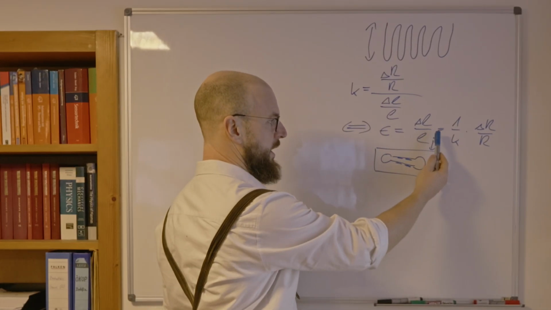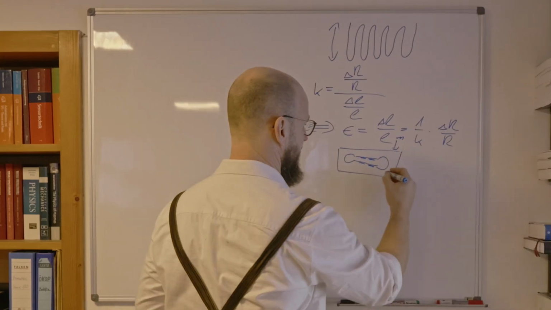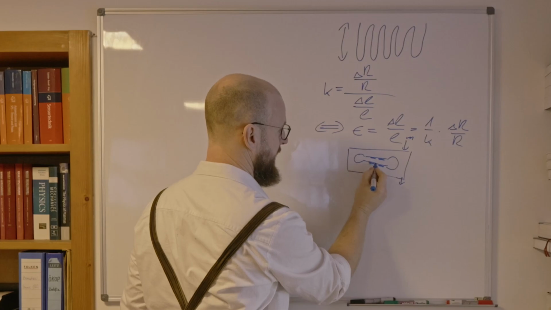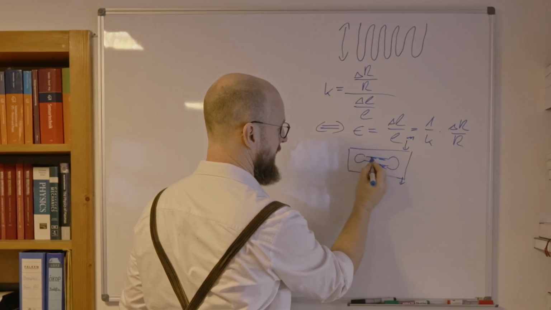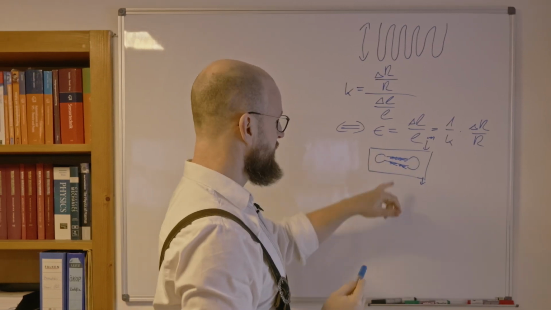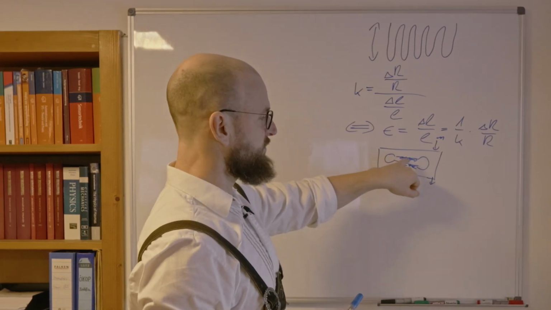So placing a weight over there will stretch that thing downwards, will compress those two strain gauges and lengthen those two on the top side.